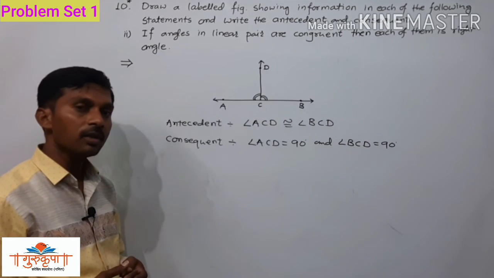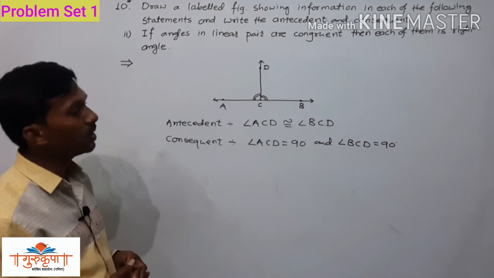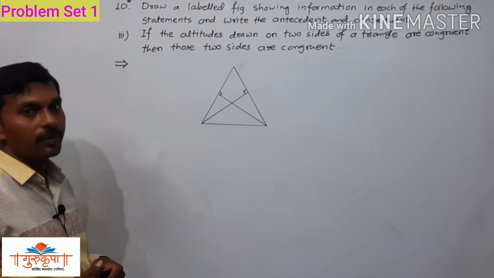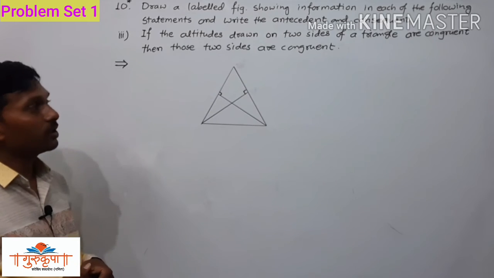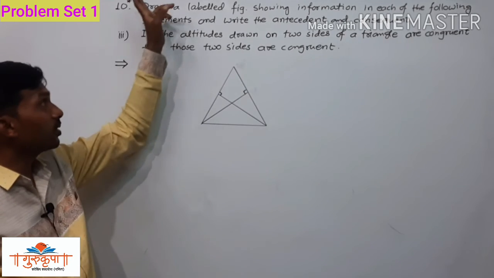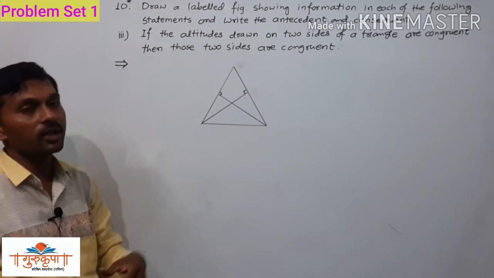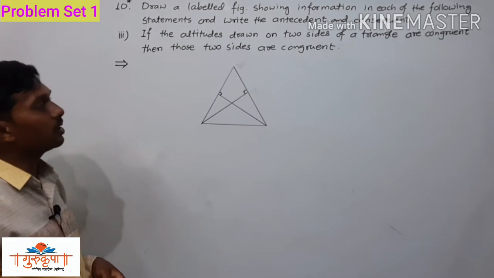Now we will take the third and last example from question number 10. The question is, draw the labeled diagram showing the information in each of the following statements and write the antecedent and consequent.